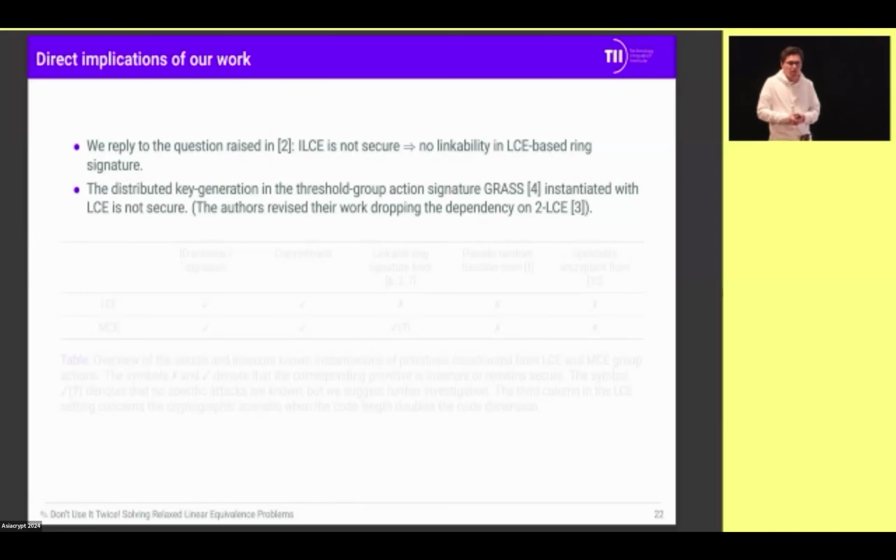Additionally, we break one of the parameter sets for the threshold signature based on linear code equivalence. In that case, they assume the setup of how hard it is to determine whether two random pairs come from a linear code equivalence instance.